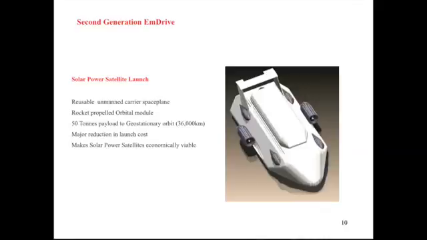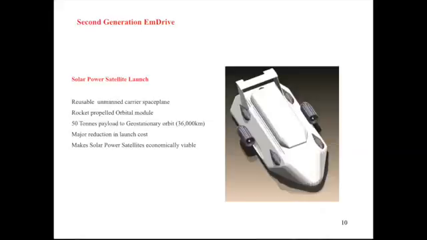In essence, we would use a very high thrust EmDrive engine to provide lift to this vehicle, and once it's actually reached geostationary altitude, you would then use a conventional rocket to put the orbital module into orbit with the necessary orbital velocity. You don't actually accelerate the whole vehicle to orbital velocity, you merely use it as, if you like, an elevator to get you up to the operational altitude.